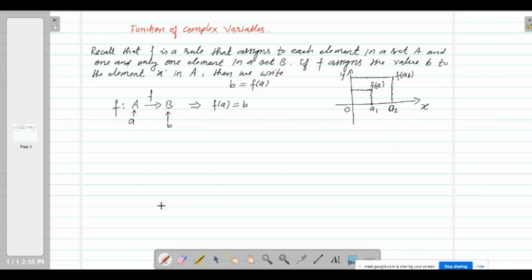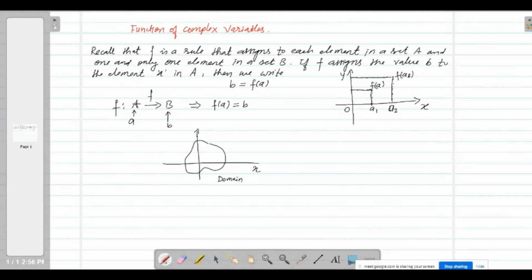Similarly, you can define a function in the complex case. Suppose this is your plane, this is your x-axis and this is the y-axis, and suppose we define this function. This is the domain of the function.